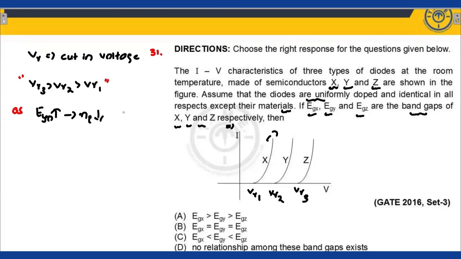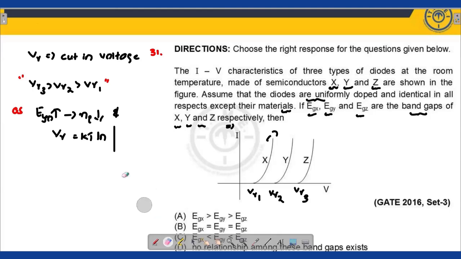Then I told you, my dear friends, the cut-in voltage formula, the cut-in voltage which is equal to KT, all these things have been derived, NA ND divided by Ni square.